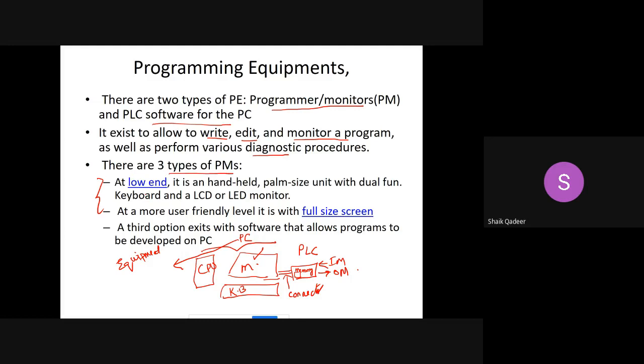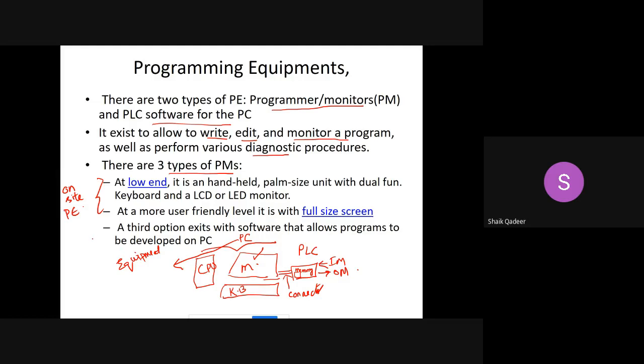One is a low end, handheld palm size unit with a dual function, having a keyboard or an LCD monitor. Second one, a more user friendly level with its full screen. Both are actually on-site programming equipment.